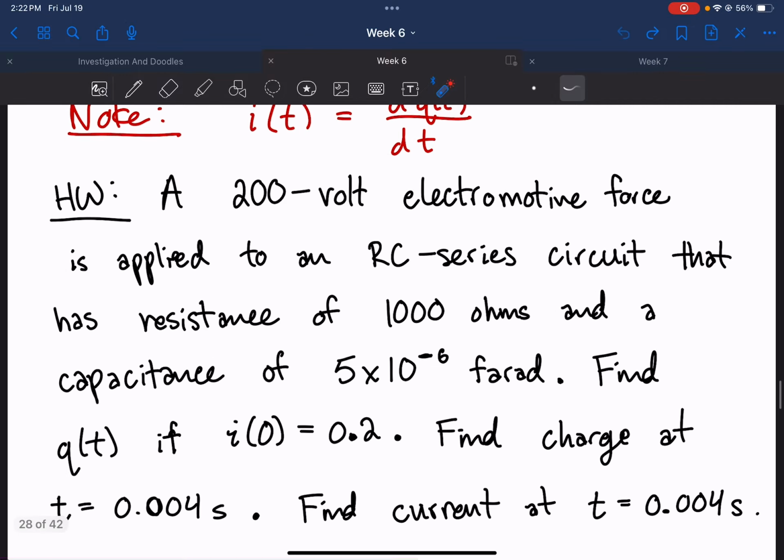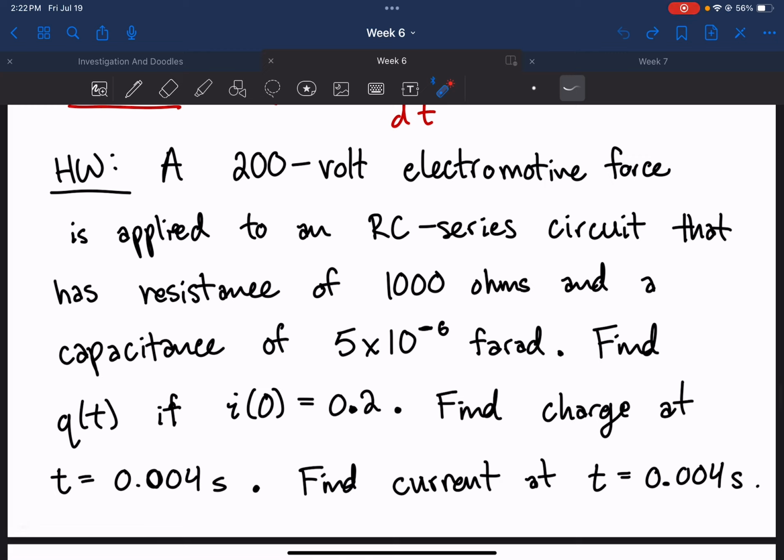So here's a question from the homework. A 200 volt electromotive force is applied to an RC series circuit that has resistance of 1,000 ohms and a capacitance of 5 times 10 to the negative 6 farad. Find the charge if, at time 0, there is 0.2 current in the system.